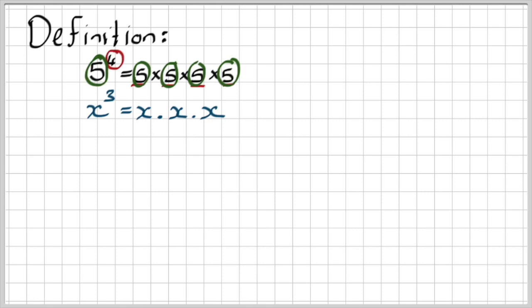Instead of saying times, we can say dot. Okay, x dot x dot x, which in our syllabus means multiplication. Now, I don't want to write times simply because it can be confusing when you're working with x's. What is an x? What is a times? So we rather put the dot there.